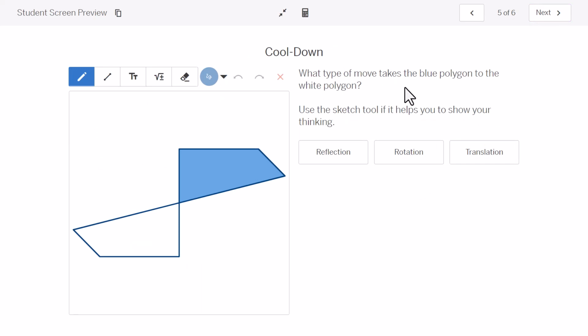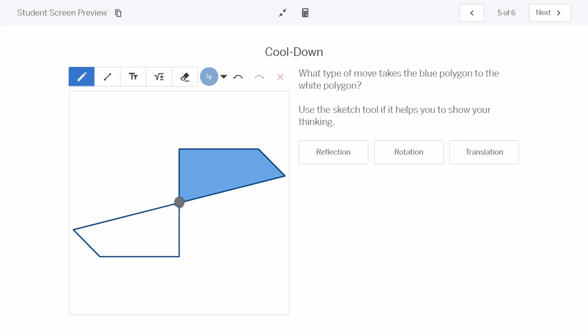And one more. What type of move takes the blue polygon to the white polygon? Well, let's ask ourselves these 3 questions. Is it a reflection? Do I have this figure just kind of in a mirror facing the other way? Not exactly, because if this blue figure looked in a mirror that was coming right down the middle here, that's not a mirror image on the other side of this line.